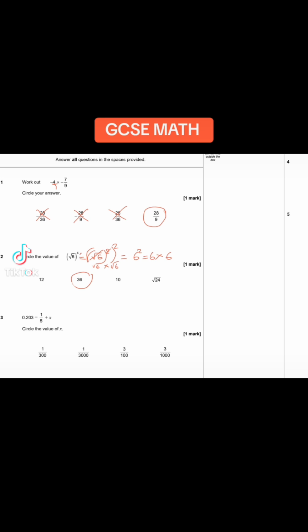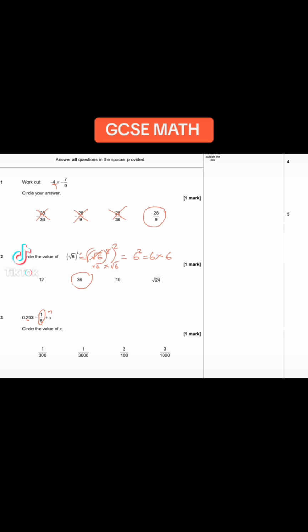Now to the third question. The third question is quite interesting because you have a fraction and a decimal, and you are asked to find the value of x. So how do you do that? For me, I think the easiest thing to do is to change this fraction to a decimal.